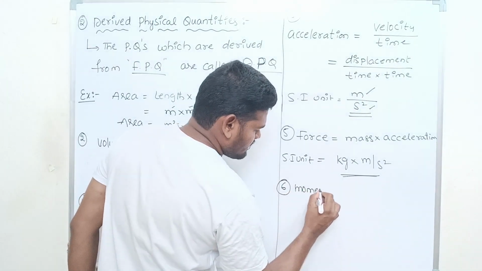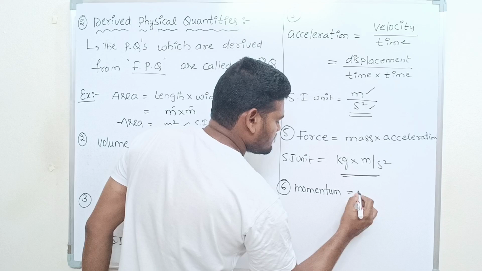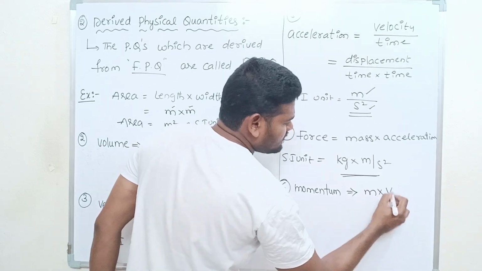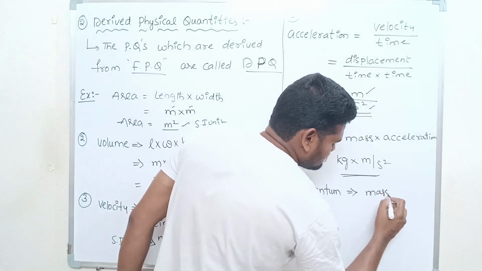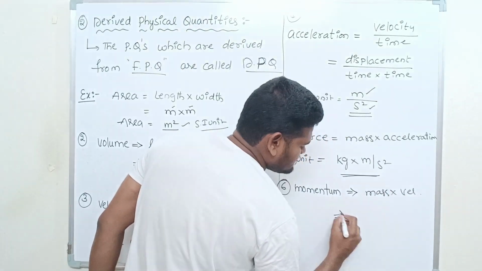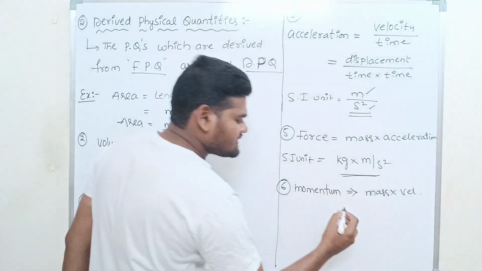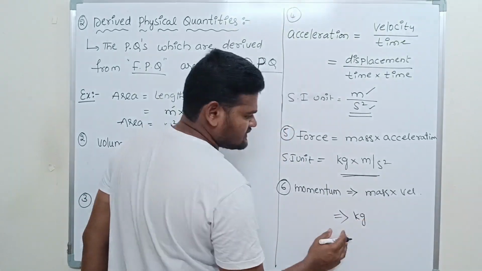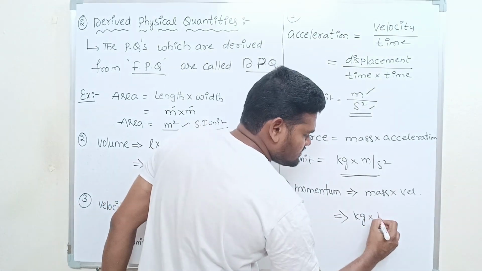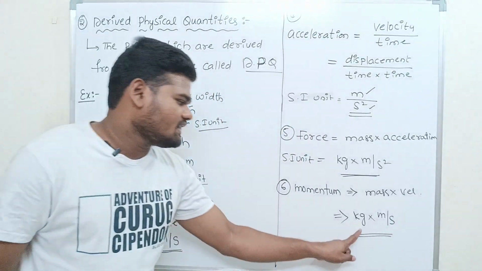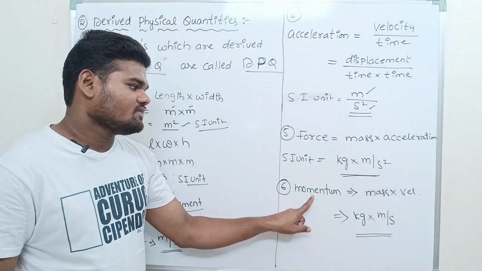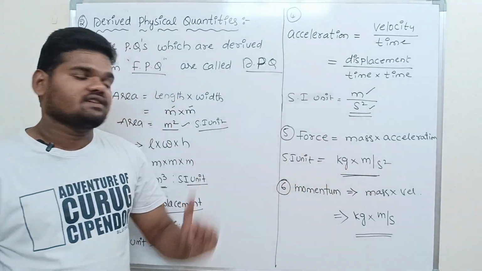Momentum. Momentum is equal to mass into velocity. Mass is a fundamental physical quantity, with SI unit kg, into velocity, displacement by time. Kg meter per second gives momentum, and kg meter per second square gives force.